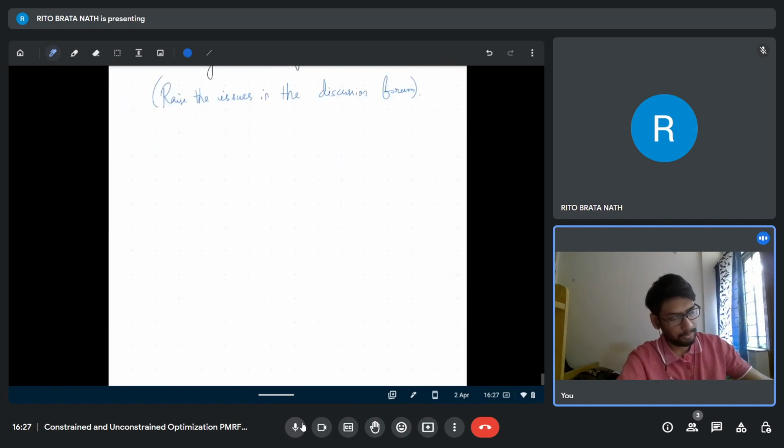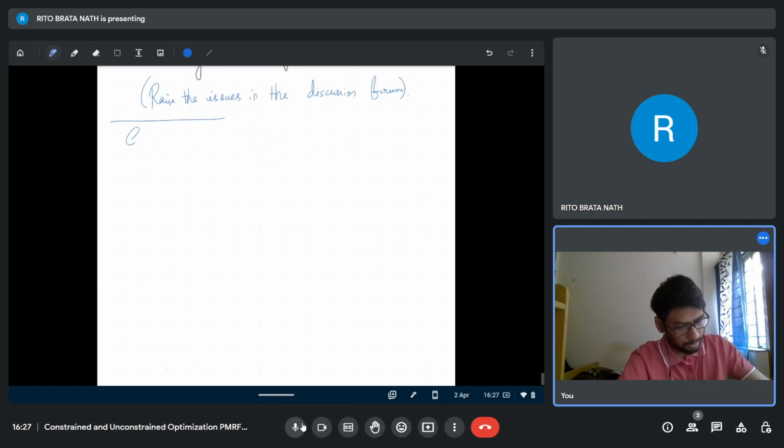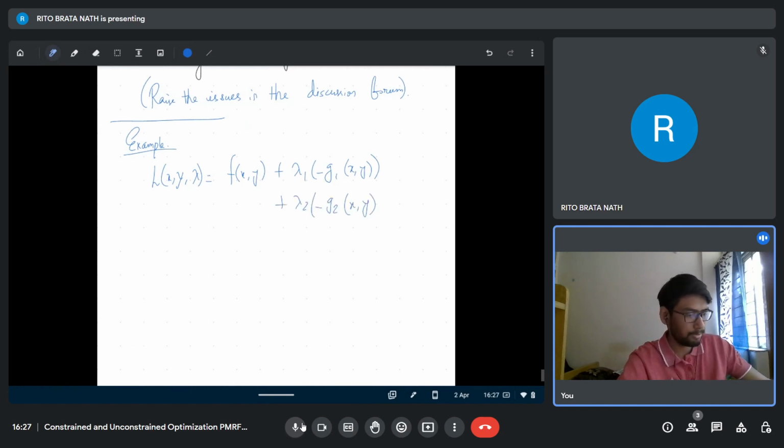To give an example, the theoretical problems you'll be able to answer. The Lagrange function is the key thing. It could be a function of x, y, lambda: f of (x, y) plus lambda 1 times minus g1 of (x, y) plus lambda 2 times minus g2 of (x, y) and so on. Then you set del L by del x to be 0 and del L by del y to be 0.